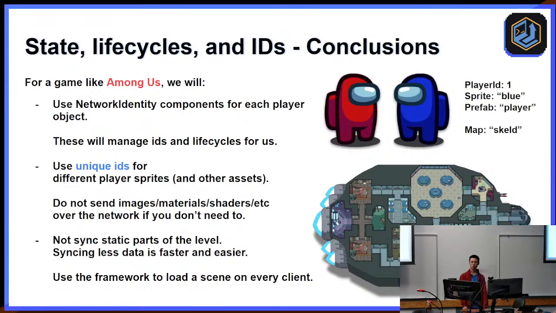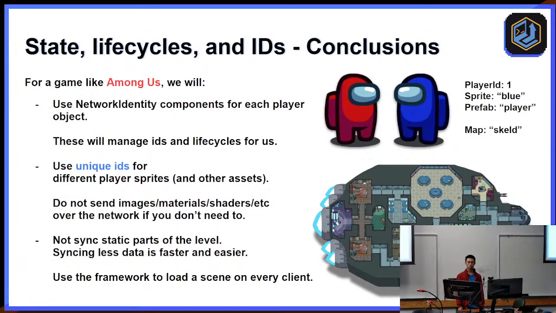And here's a conclusion for state, life cycles, and IDs. For a game like Among Us, we'll use network identity components for each player. This will manage IDs and life cycles for us. So these are done. And use unique IDs for different player sprites, like blue, red, and whatever for the sprites.